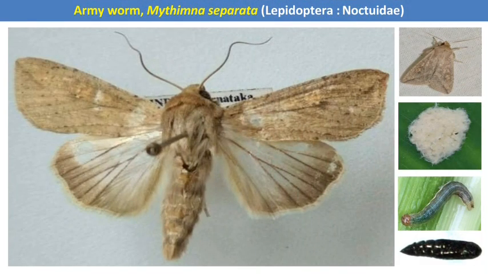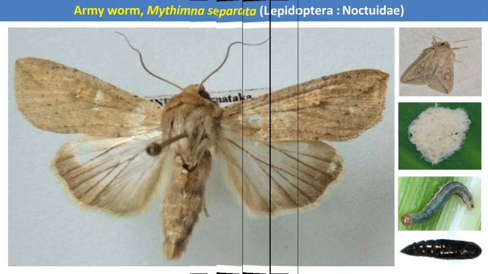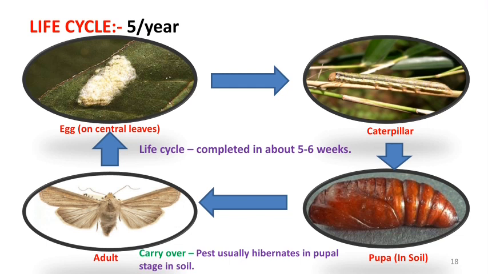Then armyworm. This is another major pest of cereal crops. Mythimna separata is the scientific name, and it is also a lepidopteran pest. If you see the life cycle of the armyworm, egg laying takes place on the central leaves or on the surface of the leaves.